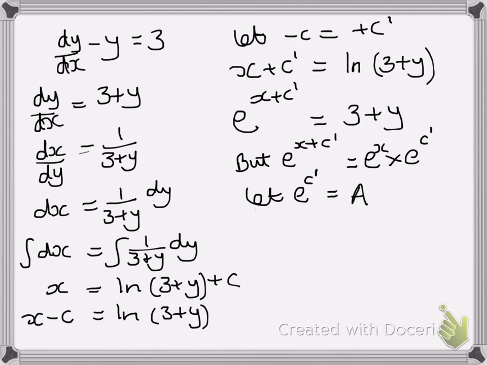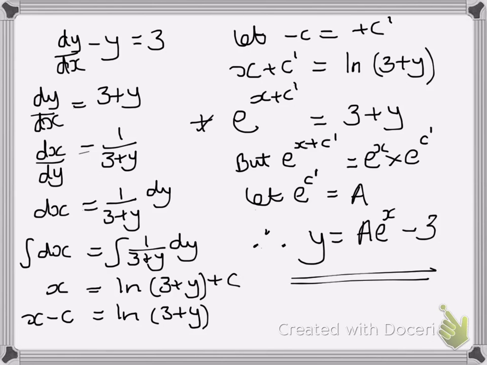So now, rearranging our equation here, I can say y is therefore equal to a e to the x minus 3. And there we go. We've now rearranged and found a general solution for our differential equation.